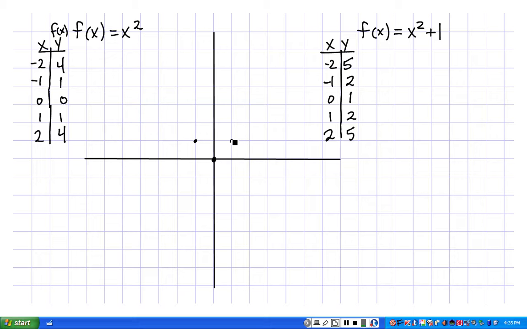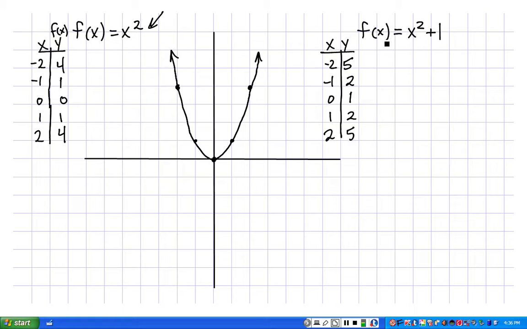Positive 1, 1. Negative 2, up 1, 2, 3, 4. And a positive 2, up 4. So what I'm seeing is a graph that's looking something like that for this function. So this graph you see here is f of x equals x squared.